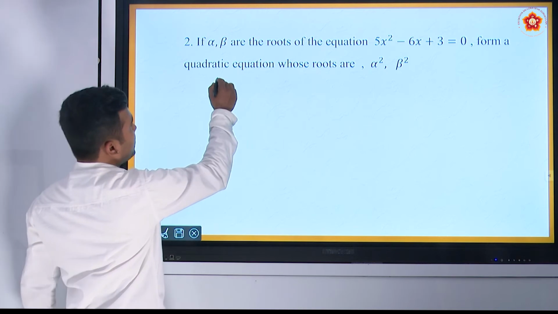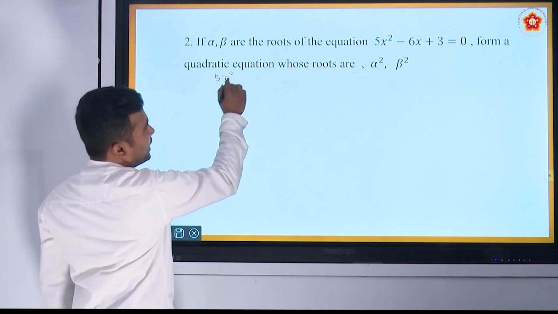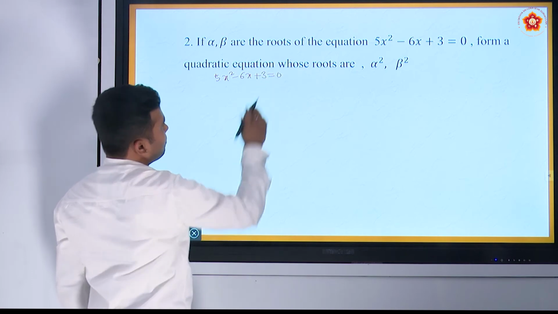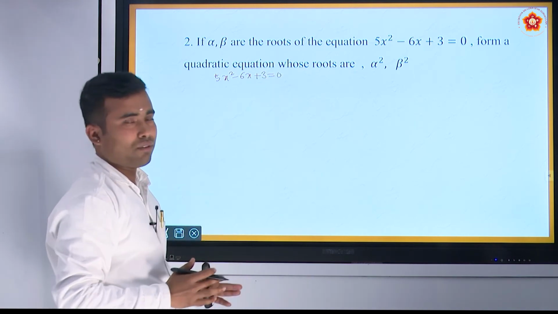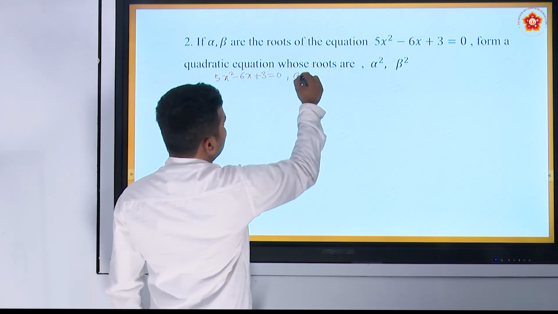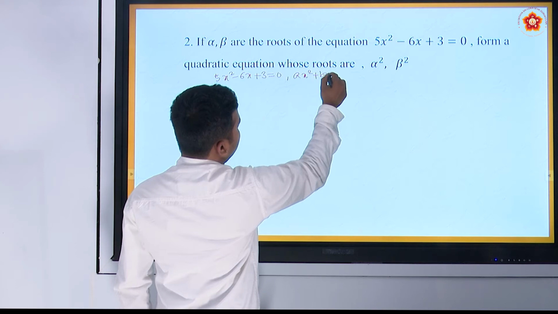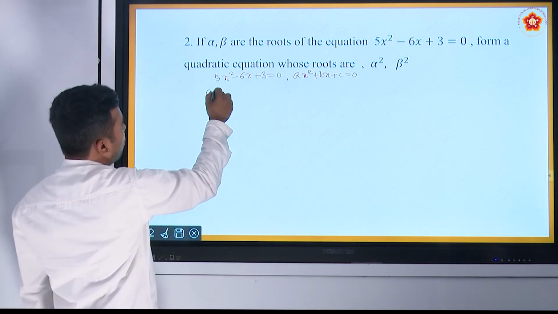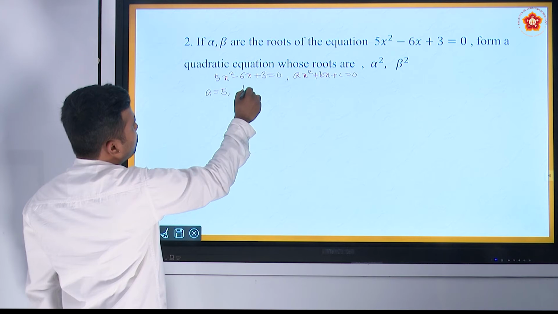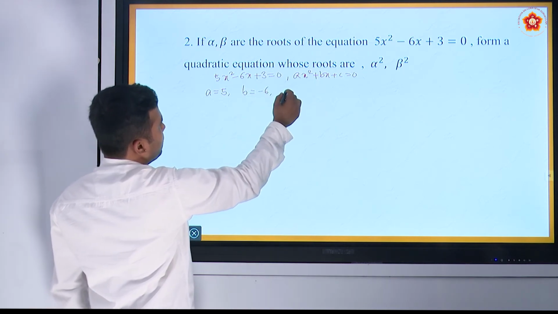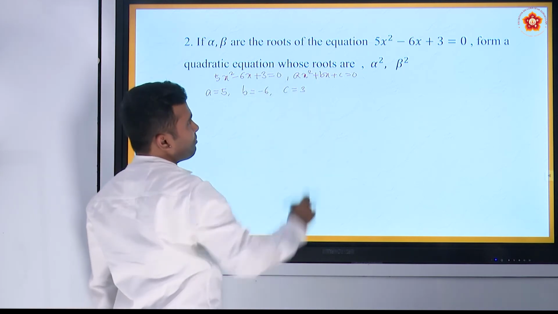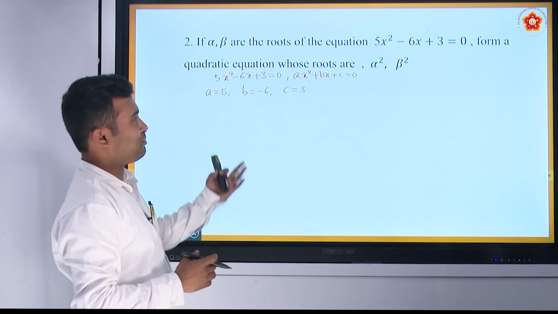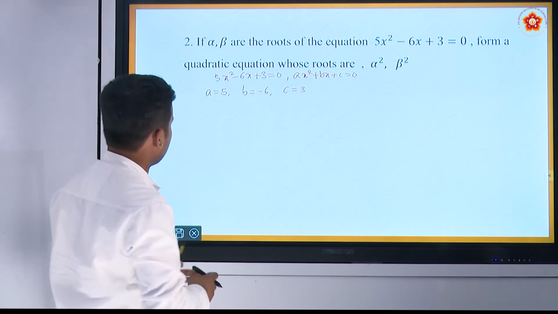So let us write that. The given quadratic equation here is 5x square minus 6x plus 3 is equal to 0. If you compare this with the standard one, ax square plus bx plus c is equal to 0, in place of a we have 5, in place of b we have minus 6, in place of c we have 3. Okay. So write down again the sum of the roots as well as the product of roots.